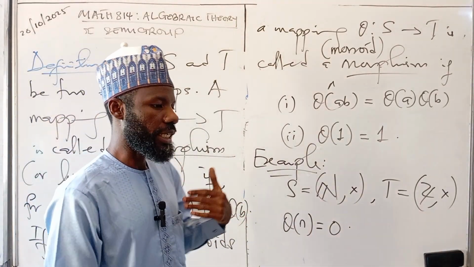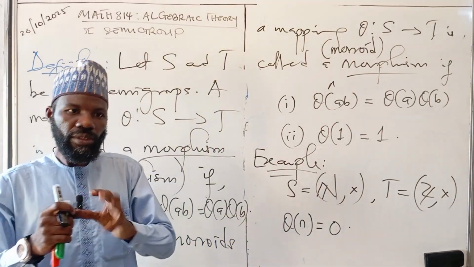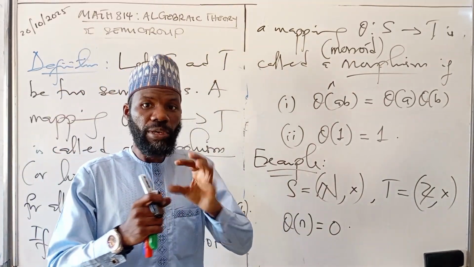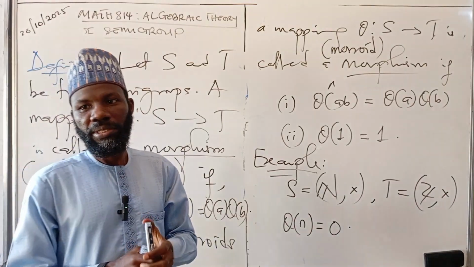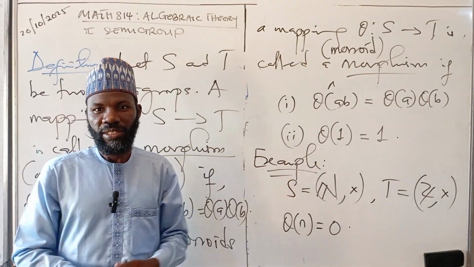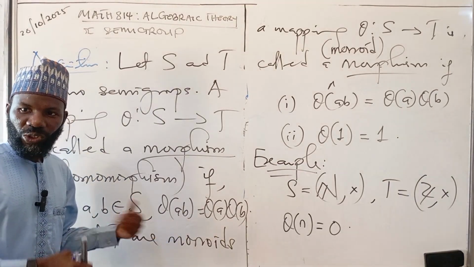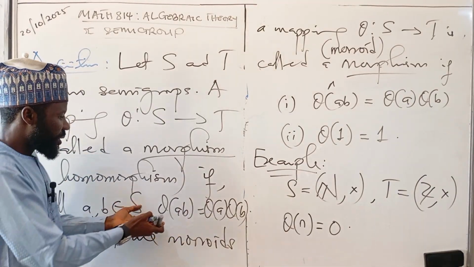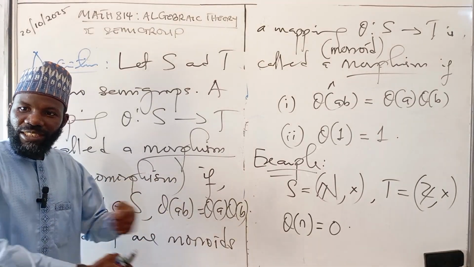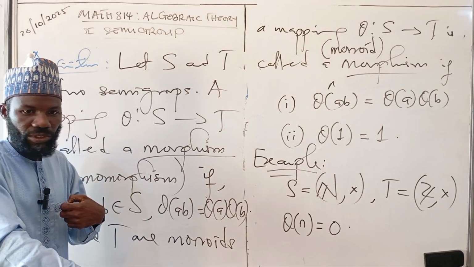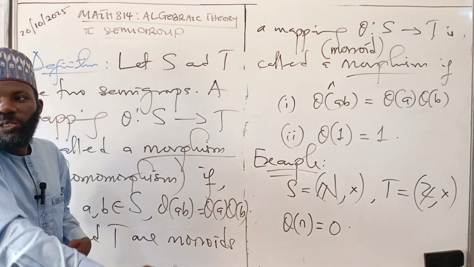So you have to understand that semigroup theory actually differs. There you will be seeing some unusual behavior with certain concepts you are already familiar with in group theory. So don't make the mistake of assuming automatically that if I am dealing with a semigroup homomorphism, identity must be preserved. No, it's not automatic. Or inverses must be preserved.